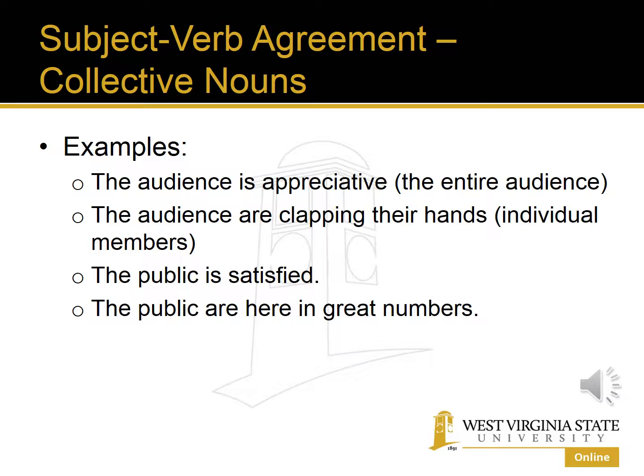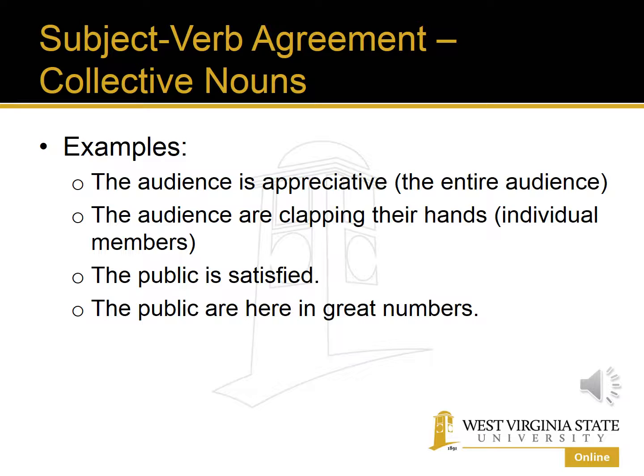Another example, the public is satisfied. Again, we look at the public as a unit, and so we use a singular verb, is, and we're talking about the feelings that the whole public unit is experiencing.